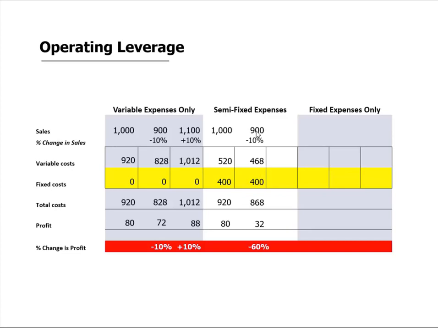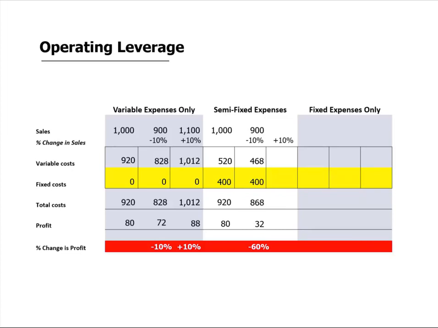For a 10% drop in sales, we have resulted in a 60% decline in profitability. Now that's what's called operating leverage. That's what happens when your sales just drop off a little bit, but your profitability drops off significantly. And the reason for that is this introduction of fixed costs. So this represents the downside of this scenario.